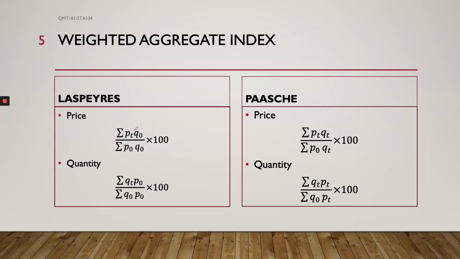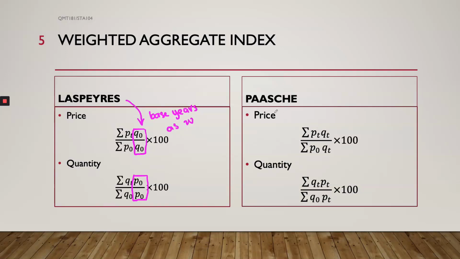The weightage for Laspeyres price will be Q naught, while for quantity, the weightage will be price at the base year. So here, Laspeyres uses the base year as the weightage.